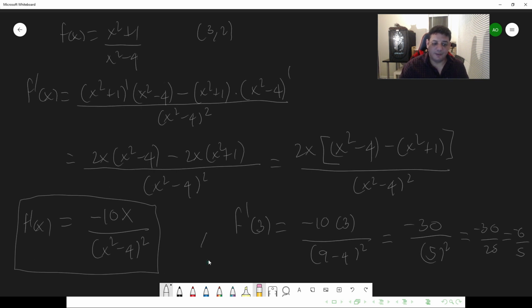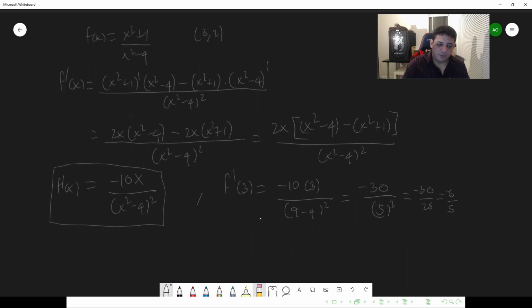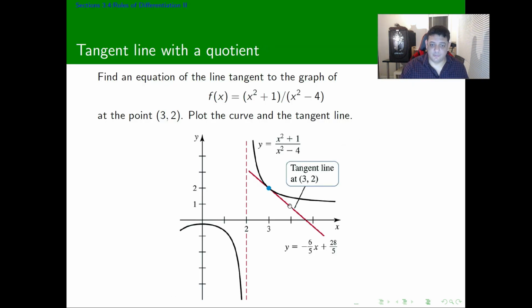So with this slope, we can do what we usually do, and use the point slope formula for the equation of the line. And we get y minus 2 equals minus 6 over 5 times (x minus 3). Then after this, we simplify and we obtain the equation of the line.